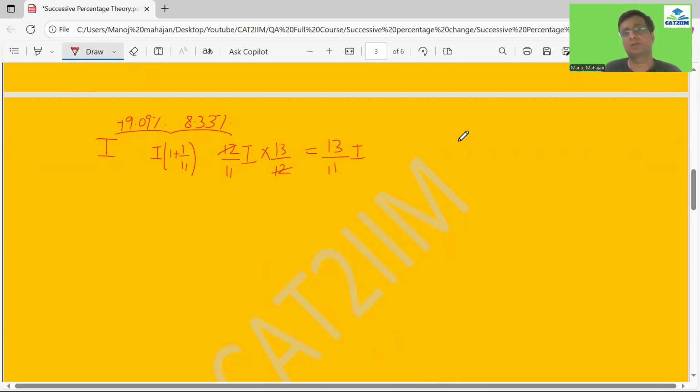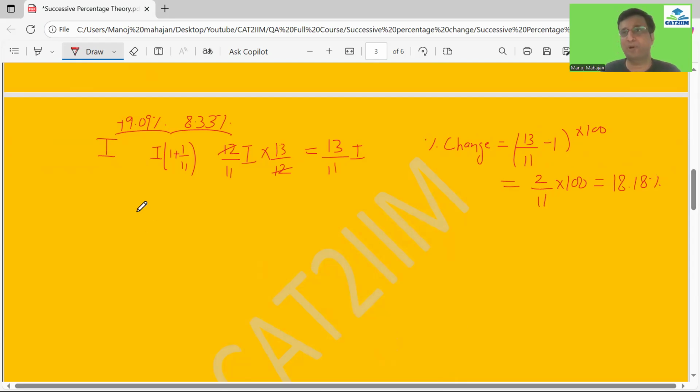The percentage change I can calculate is 13 upon 11 minus 1, into 100. This gives me nothing but 2 upon 11. And you must know by now, after watching the percentage classes, that 1 upon 11 is 9.09. So 2 upon 11 would be nothing but 18.18%.